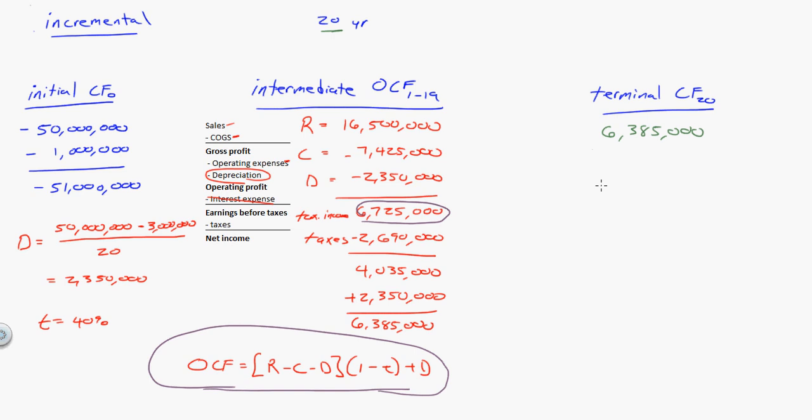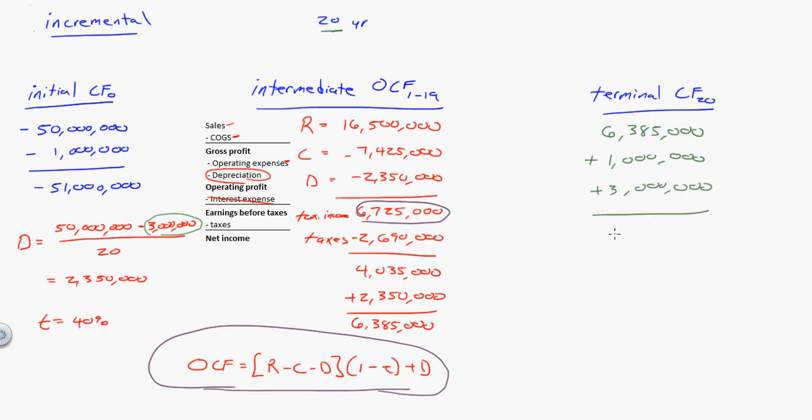And in the final year, a few things happen. I get the net working capital back. Maybe. It depends on the project and on how things work, but usually I get the net working capital back. You have to read the assumptions carefully. So that $1 million of, let's say, inventory I had to put into the project, I get to take that back out. There's some value, the salvage value, this $3 million, whatever that plant and equipment is worth at the end of this, I get to sell that for $3 million.